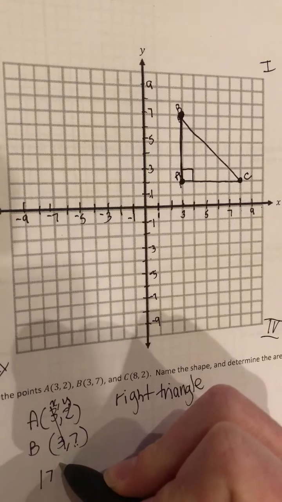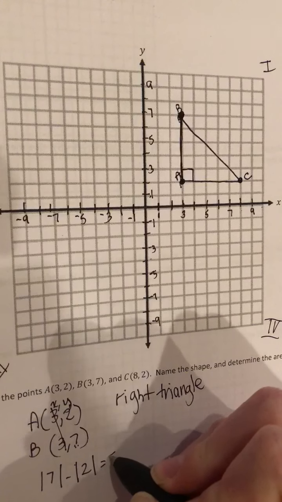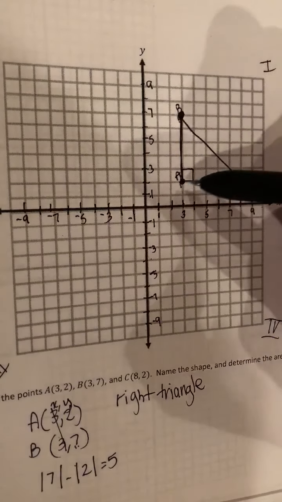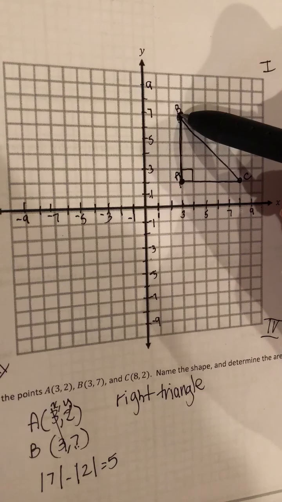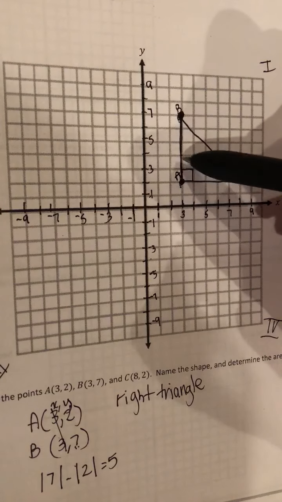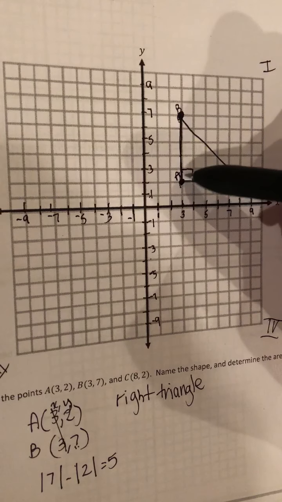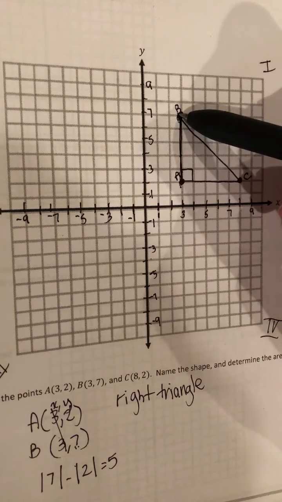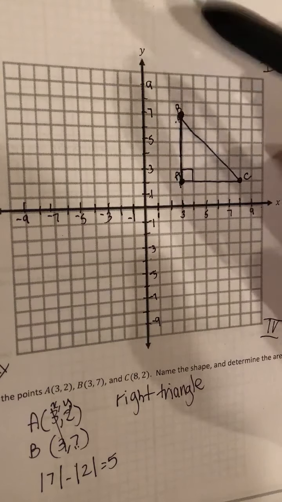So absolute value of 7, same sign, subtract. Absolute value of 2 is 5. And to check it, I'm going to count. 1, 2, 3, 4, 5. I'm hesitant to count because sometimes 6th graders will say 1, 2, 3, 4, 5, 6, and they'll be off 1. This is 0. 1, 2, 3, 4, 5. Use absolute value, then check it with counting the ticks.